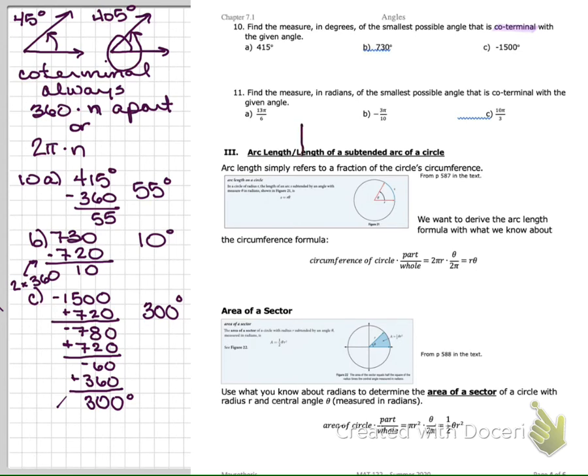So the next part here that we're going to look at, we've got arc length, and this is laid out for you. When we talk about arc length, what we're looking for is part of a circle. So we want part of the whole. Page 1, we talked about the circumference of a circle. So we can take a look at this angle part cut out of the 2 pi all the way around. So we've got our circumference of a circle. That's 2 times pi times r. It changes as the radius changes.